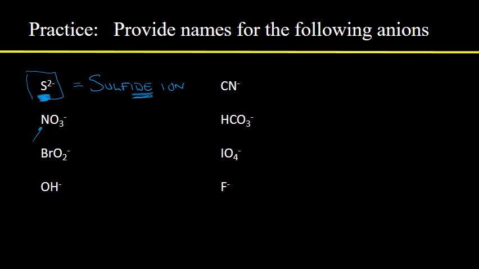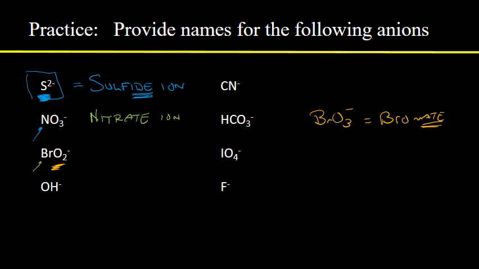All right. Next one is NO3 minus. This simply is one of the ones that we memorized. This is one of the important oxyanions. And this one is the nitrate ion. BrO2 is not one of the ones that we memorized, but we did memorize BrO3, which is bromate, right?